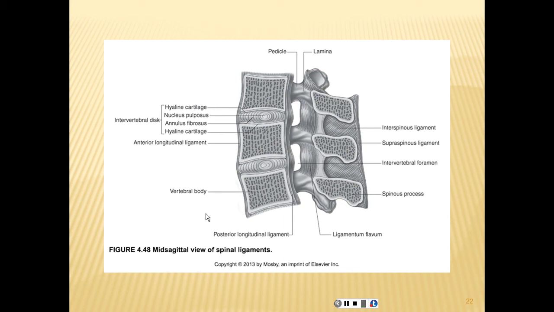The hyaline cartilage is just what separates it from the end plates of the vertebra. So you have hyaline cartilage, and you will be responsible for the nucleus pulposus, annulus fibrosus, vertebral body, spinous process. Why?